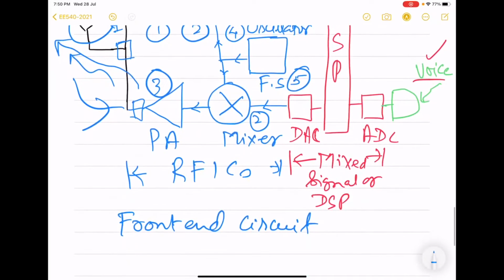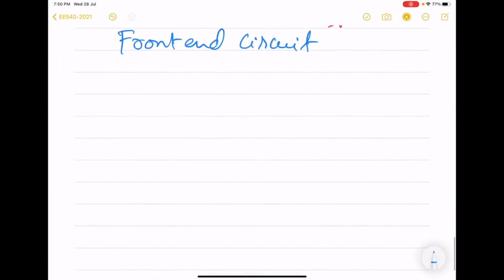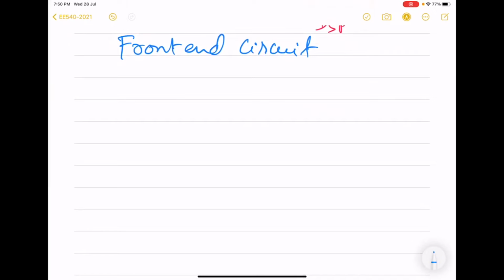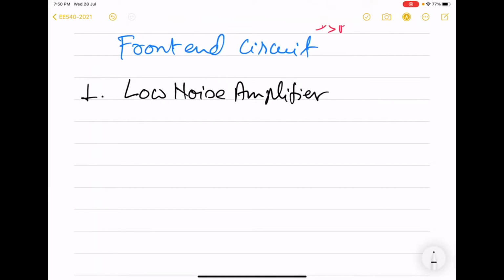Now we are going to talk in a little bit more detail about these 5 components. So first one is low noise amplifier, or LNA.